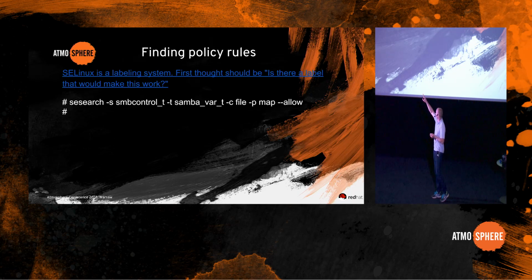This sesearch command is looking for allow rules, because of the --allow option, where the source, meaning the process, and the target, which is the file with the label samba_var_t, and -p is the permission. So the search tells us if there is an allow rule which would allow a process running as smbcontrol_t to access a file labeled samba_var_t using a map operation.